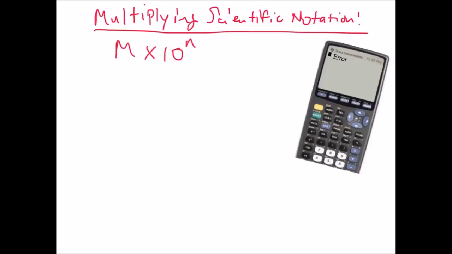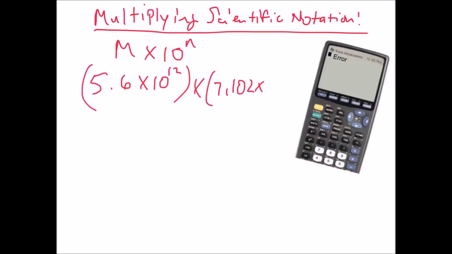So for example, let's say that we had 5.6 times 10 to the 12th, okay, and we can multiply that by 7.102 times 10 to the 4th. Okay, so let's figure out what that's going to be.